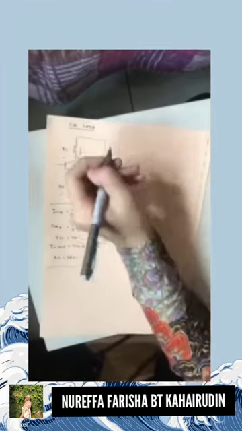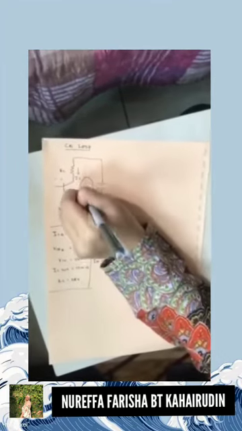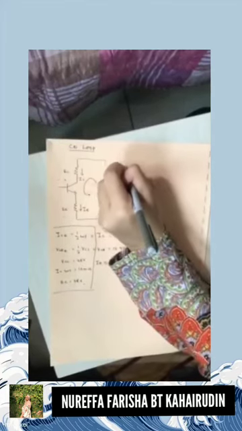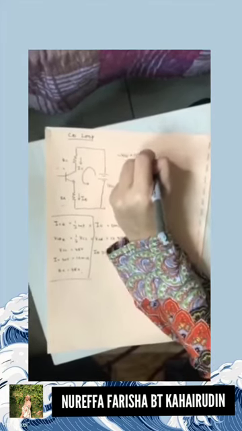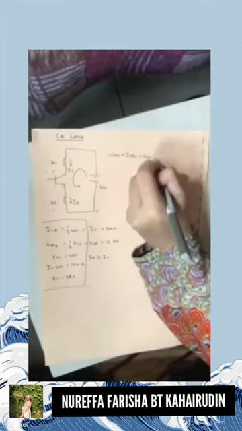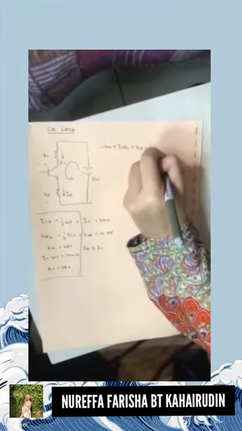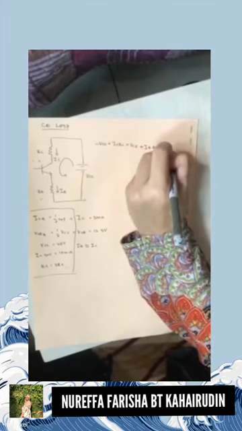Negative VCC plus ICRC plus VCE plus IERE equals 0.